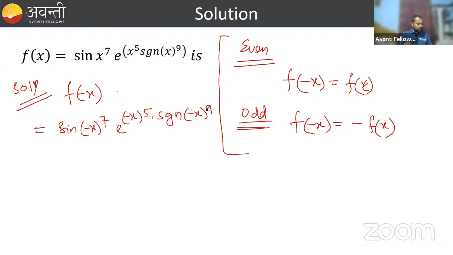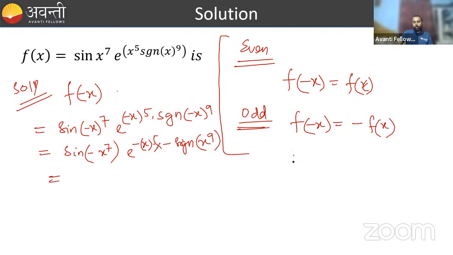Minus x to the power 7 is minus of x to the power 7, so we can write sine of minus of x to the power 7. Here we can write minus of x to the power 5, and the signum function is an odd function, so we can write minus of signum of x to the power 9. Minus into minus will be plus.